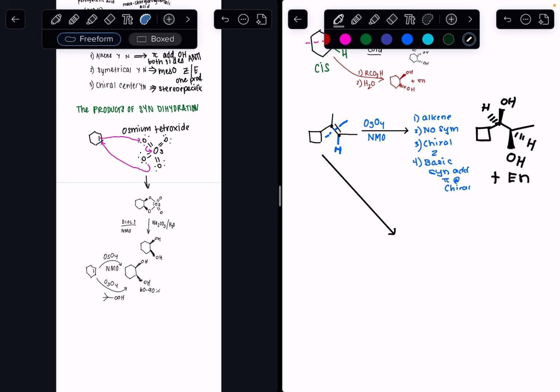So now if I'm going to use this, and let's say under acidic conditions. All right, so what am I going to have if I do this?